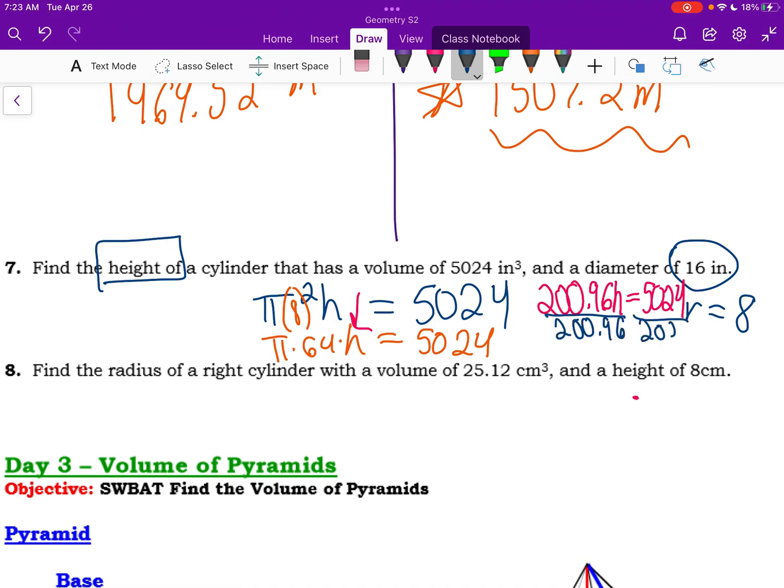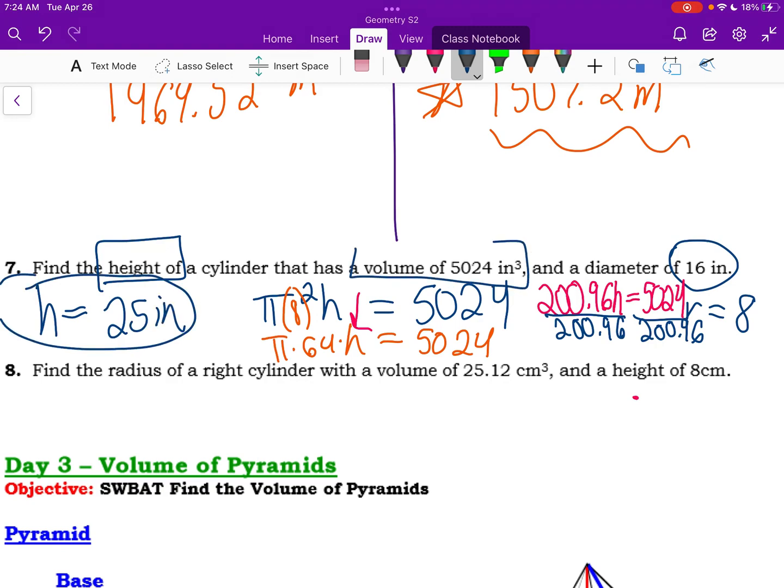So I'm going to divide 200.96 and find my height. So 5,024 divided by 200.96. And my height is 25 inches. It's not cubed because my height isn't cubed. My volume is cubed, but I worked backwards to find my height.